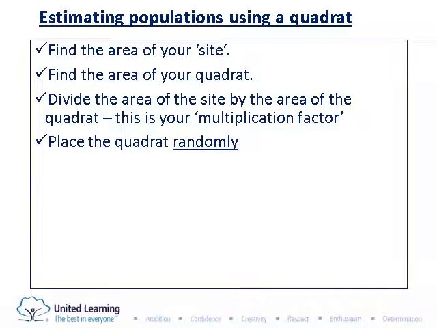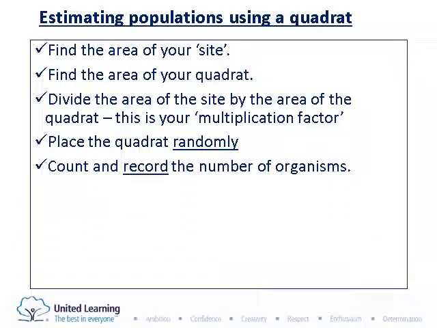What I then do is within my area, I place my quadrat randomly. And the easiest way you can do it is just throwing it randomly. So you've thrown your quadrat, it's landed on a given space in the field, and you count the number of organisms within it.